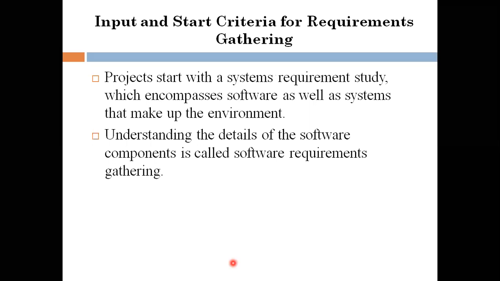This is where you started with software requirements gathering. What are the start criteria for requirements, and understanding in detail the software components that are required as part of our software requirements gathering process.